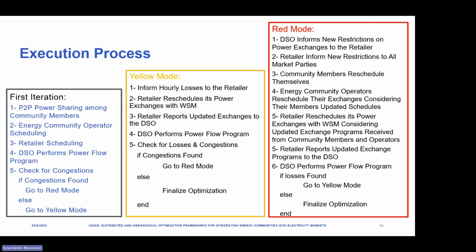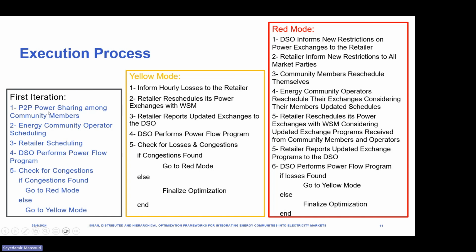So this is the execution process of this algorithm, which is hierarchical. At the first iteration, the P2P power sharing among community members has to be implemented, okay?